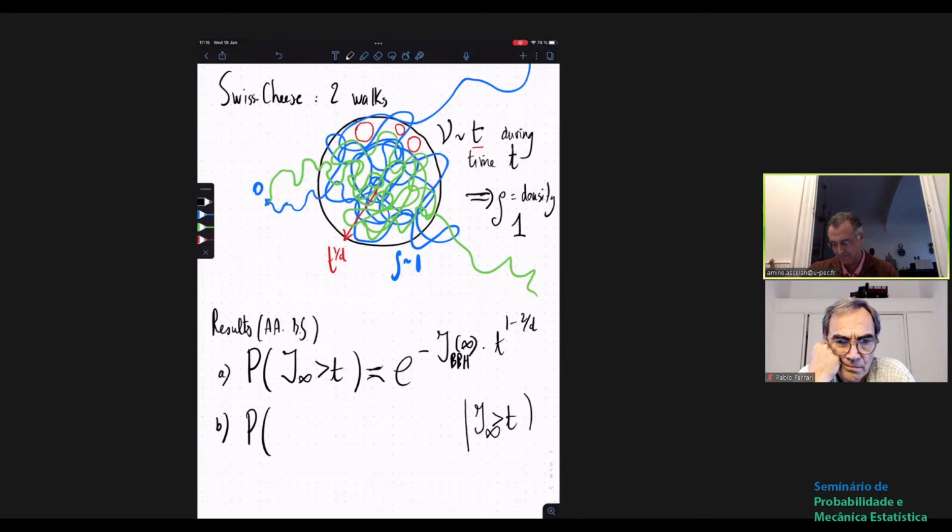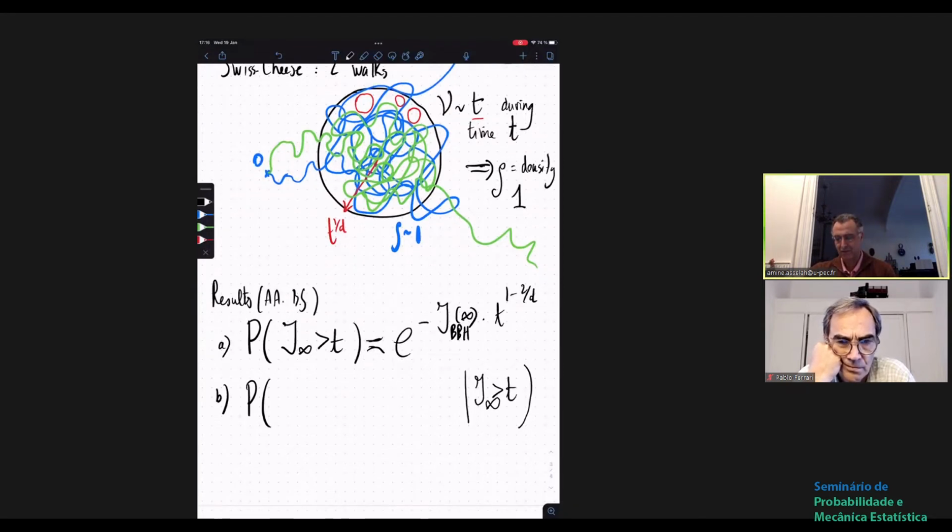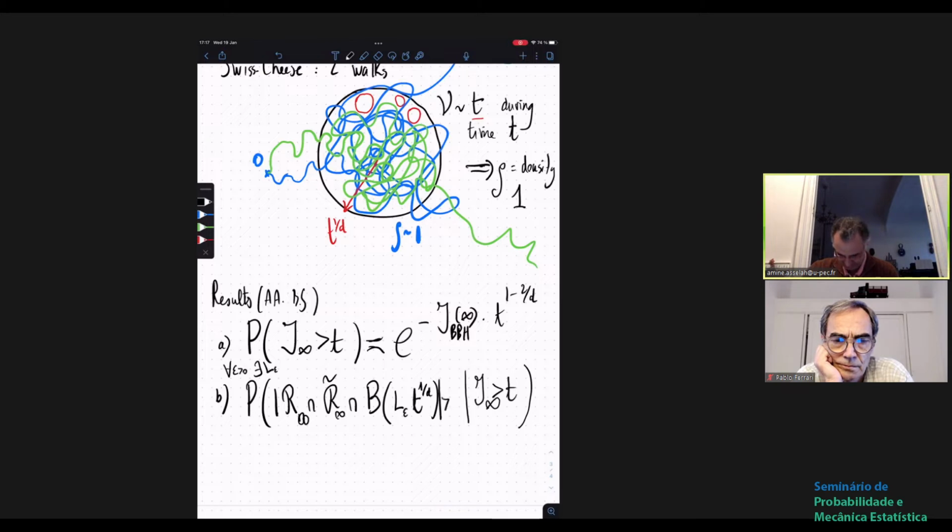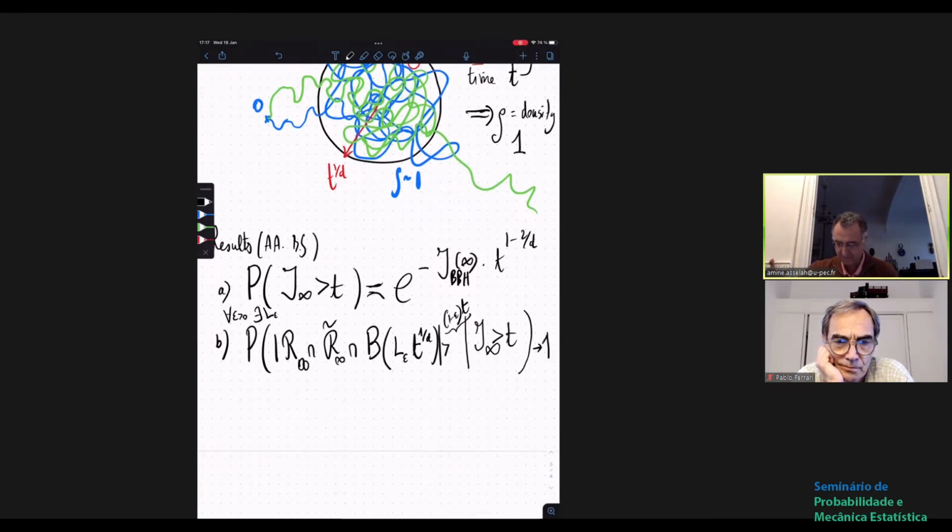Knowing that you have an intersection of, let's say, high T or value T, then for any epsilon, because I'm going to lose some mass outside this ball of volume T, whatever epsilon, there is a scale L epsilon such that my first range intersection, my second range intersection, let's say a ball of radius L epsilon T to the 1 over D, bigger than, I'm losing just one epsilon. 1 minus epsilon, T goes to 1.